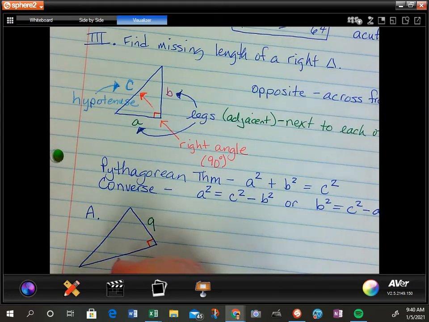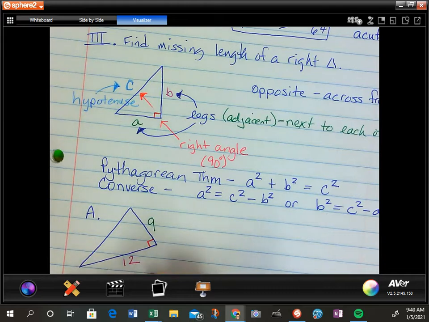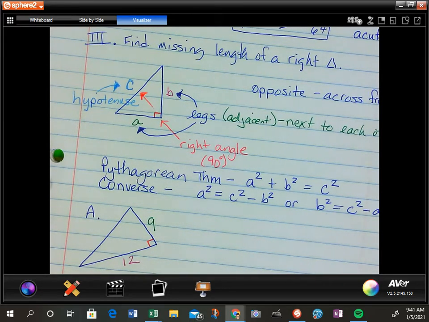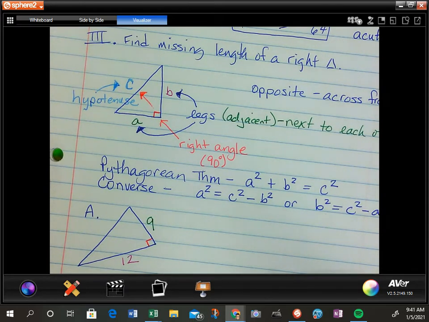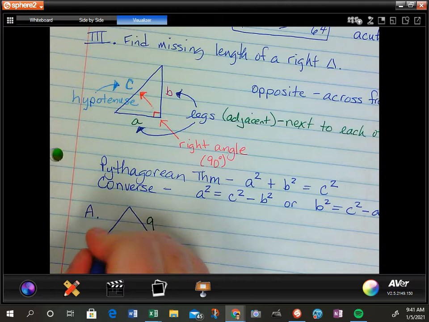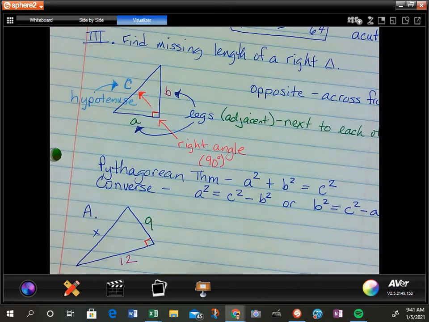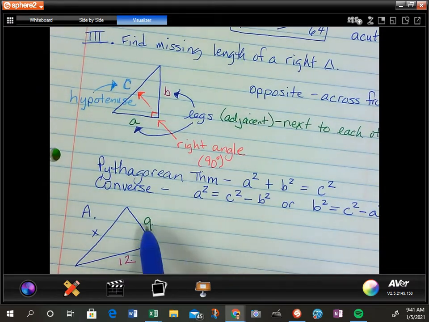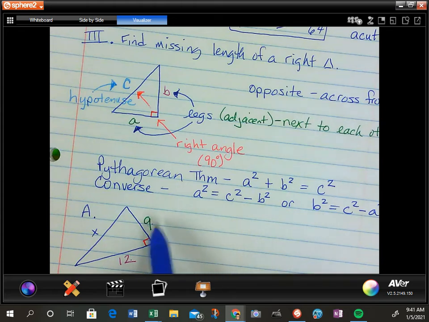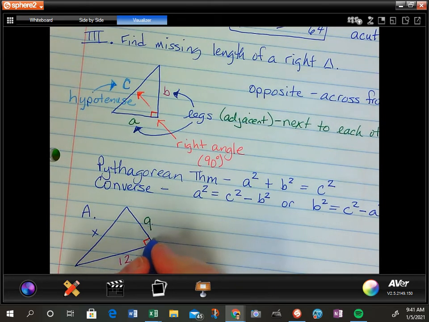Here is 12. And we're looking for this value right here. Well, first we need to know, are these A and B, A and C, B and C? What are they?